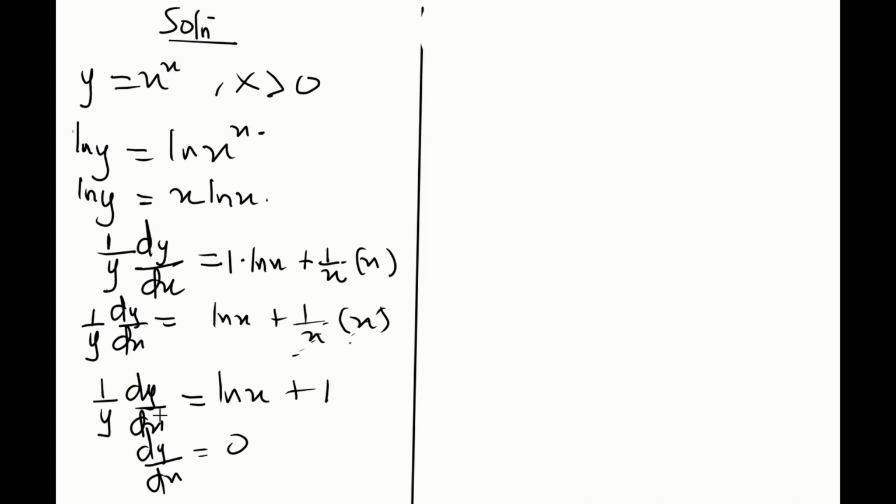With that, we have 1 over y into bracket 0, which is equal to ln x plus 1. This is still going to be the same function when we make dy dx the subject and then equate it to 0. Let's try that and see.